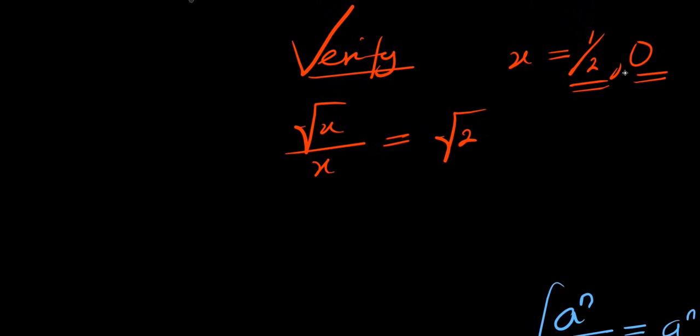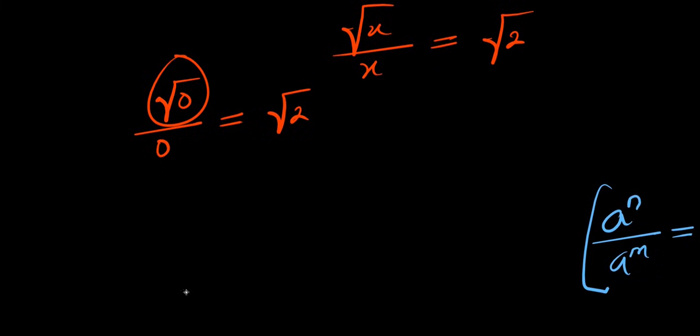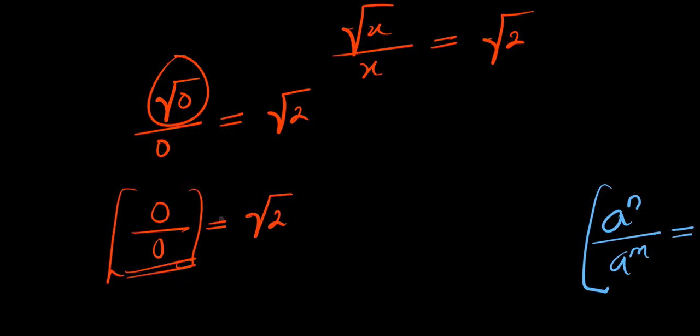So we start with 0. When x is 0, you have square root of 0 divided by 0 equals square root of 2. Square root of 0 is 0, so you have 0 divided by 0 equals square root of 2. And this is indeterminate, so this is obviously not the same as this.